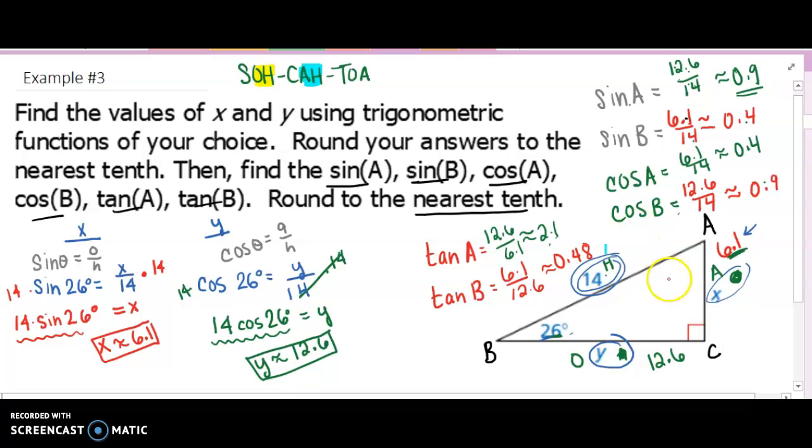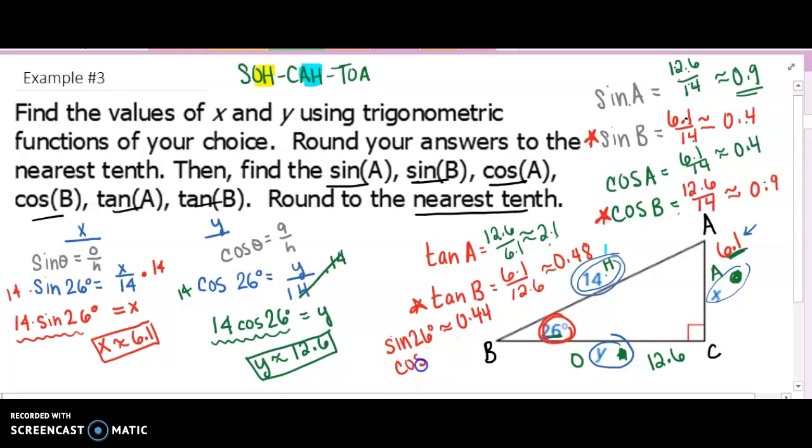So I want you to go ahead and look at something. Okay, we know that angle B, which is this, is 26 degrees. So I want you to go ahead and put in your calculator, what is the sine of 26 degrees? You should have gotten roughly 0.44.